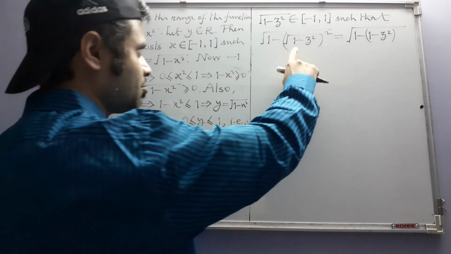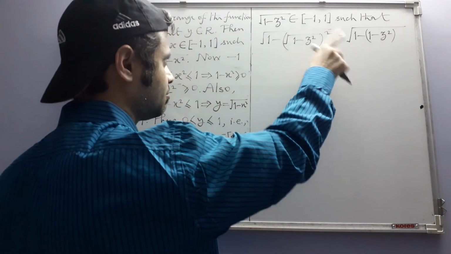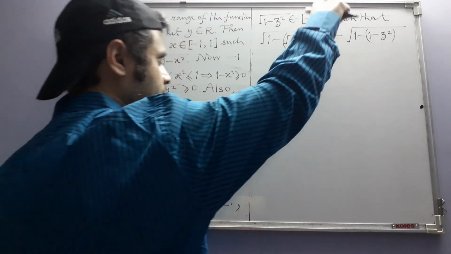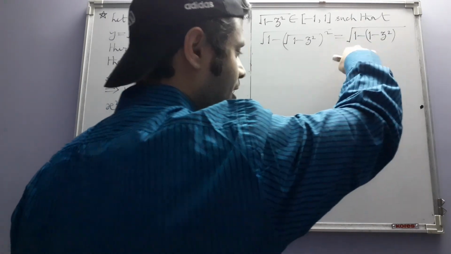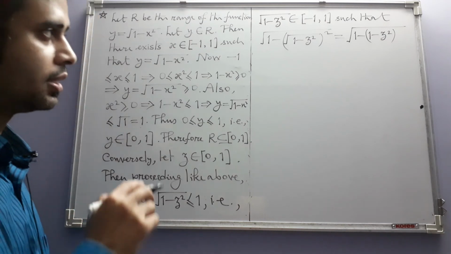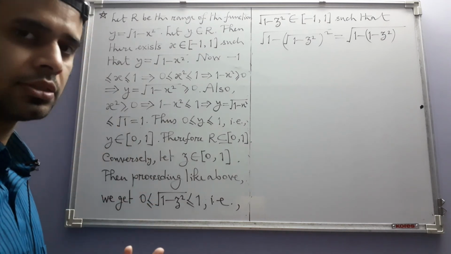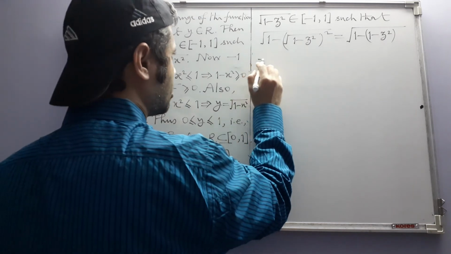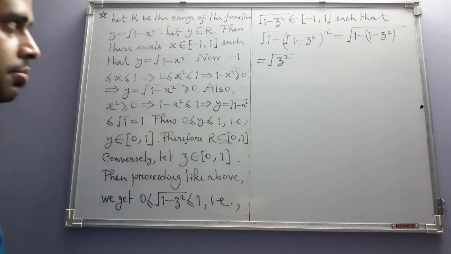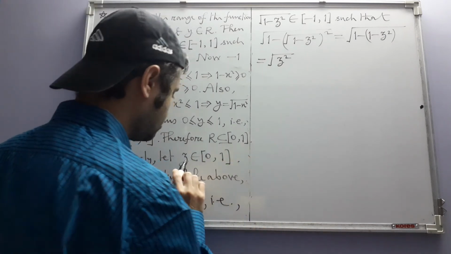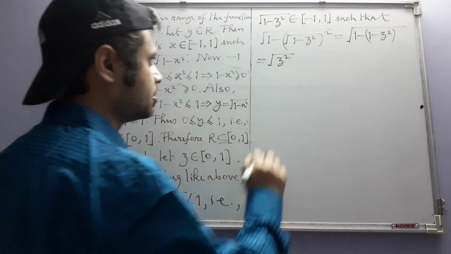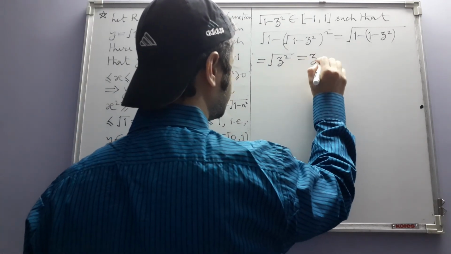Or you can just simply, without thinking of that first at this step itself, about the sign of 1 minus z square, write 1 minus absolute value of 1 minus z square. But then since 1 minus z square is non-negative, its absolute value is 1 minus z square itself, and this becomes z square. Okay, now you use the fact that z itself is non-negative, so this is going to be z.